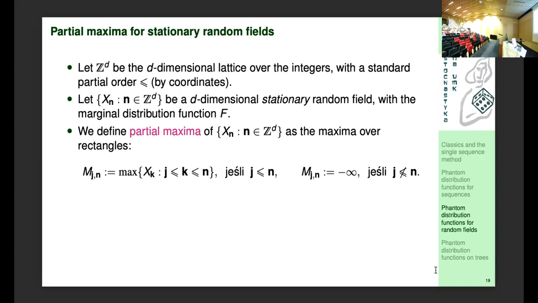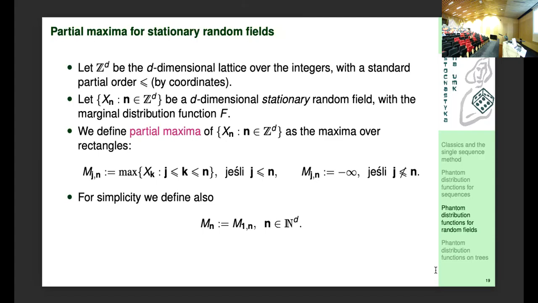We had this morning a lecture where the standard martingale central limit theorem was not easily transmittable to the language of random fields.